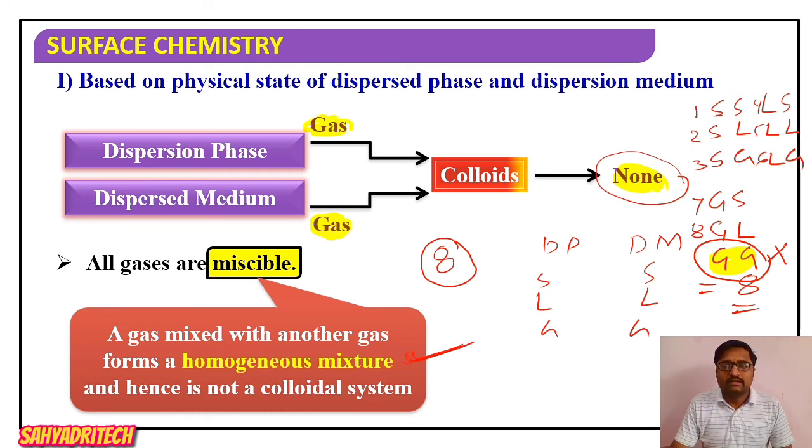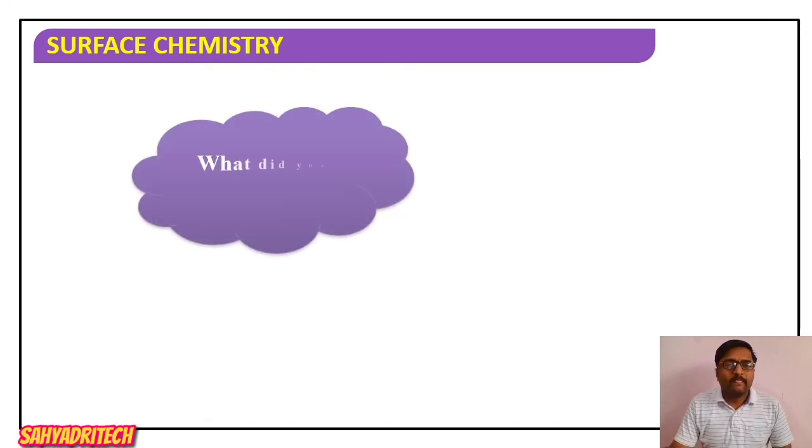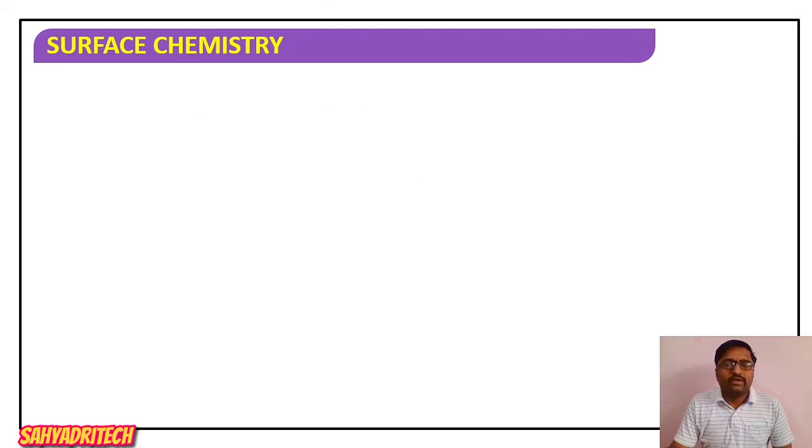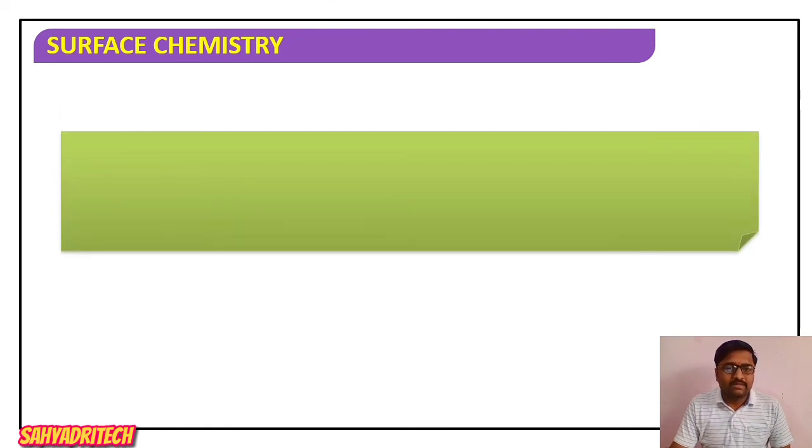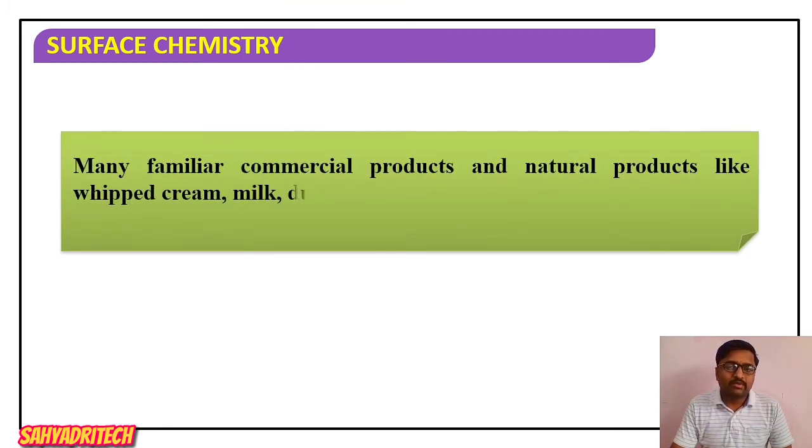Now, if you consider the analysis of this chart concept, many familiar commercial and natural products like whipped cream, milk, dust, paints, are all colloids. Whatever examples we have gone through, we said fog, mist, cloud, dust, milk, creams, stones, and aerosol formation, solid aerosol and liquid aerosol.